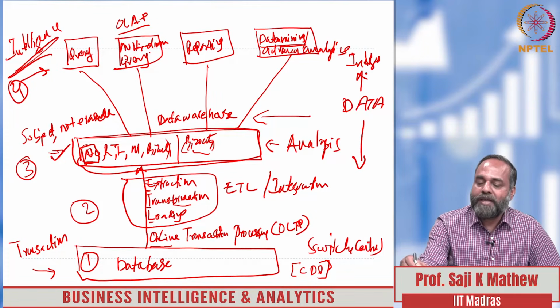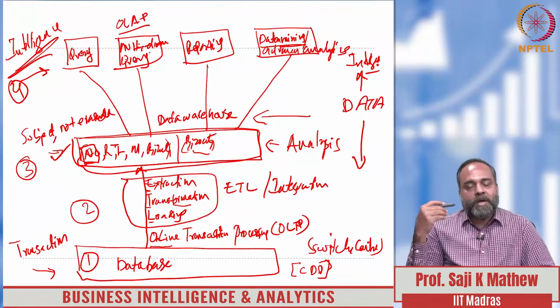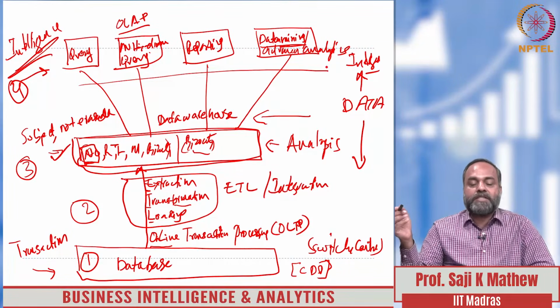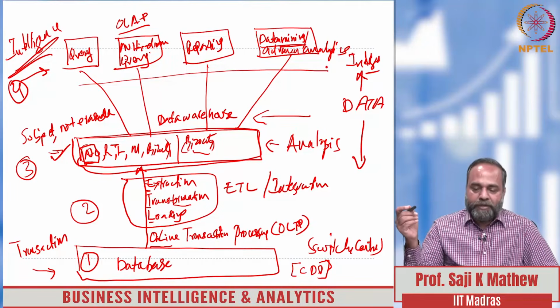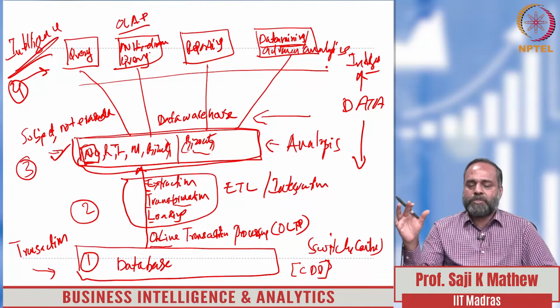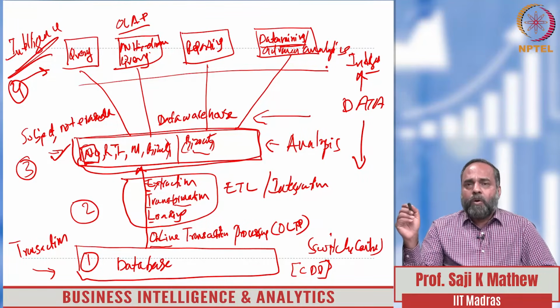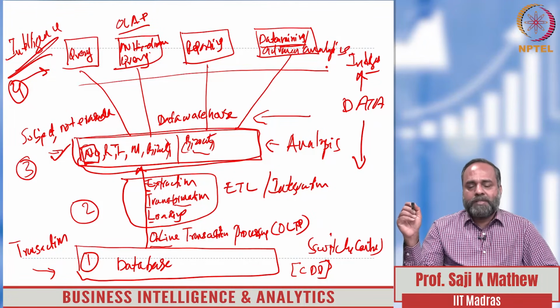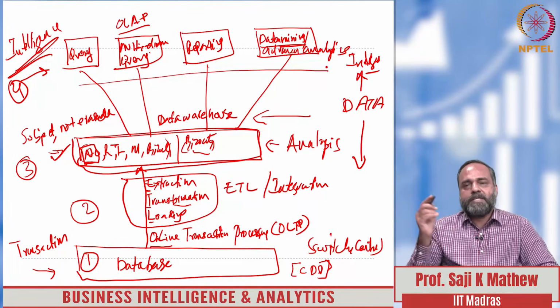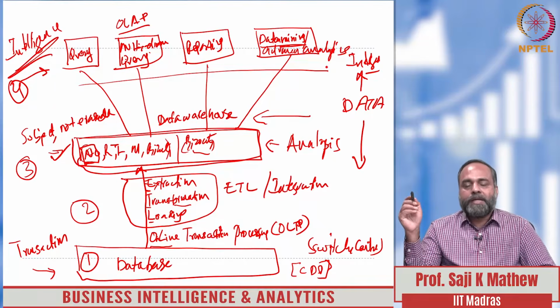As we saw already, intelligence is what business requires for decision making. And who would create that intelligence? The set of tools that are described here, in different categories. We are only building categories of tools here. So, altogether I would look at this diagram and call it the business intelligence architecture.